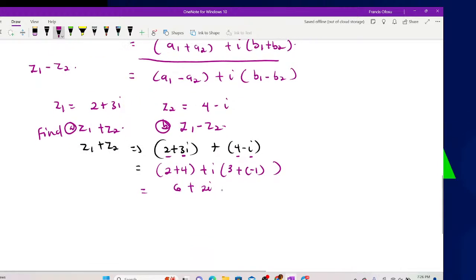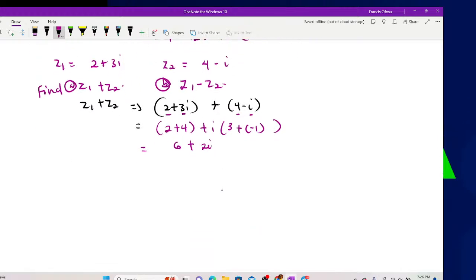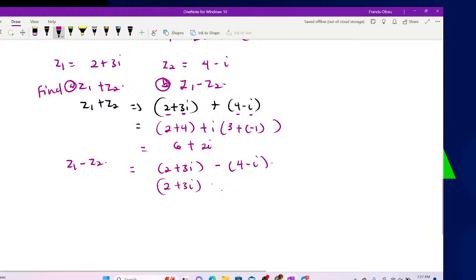Using the same values for z1, z2, let's find z1 minus z2. This will be equal to 2 plus 3i minus 4 minus I, right? I'm going to get 2 plus 3i minus, so at this point, I can refer from the general formula I quoted.